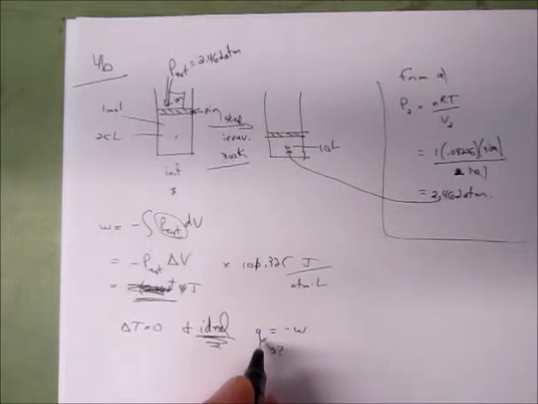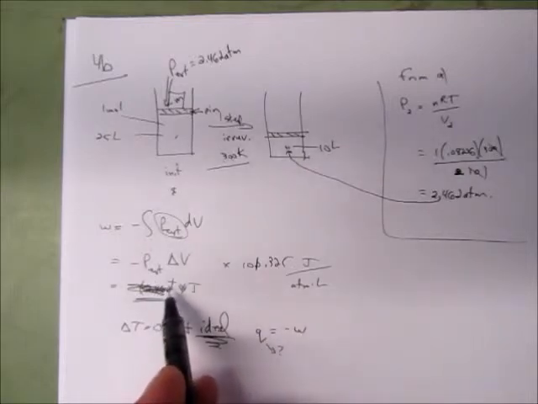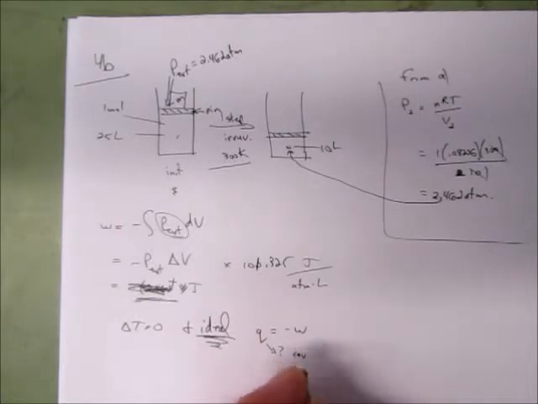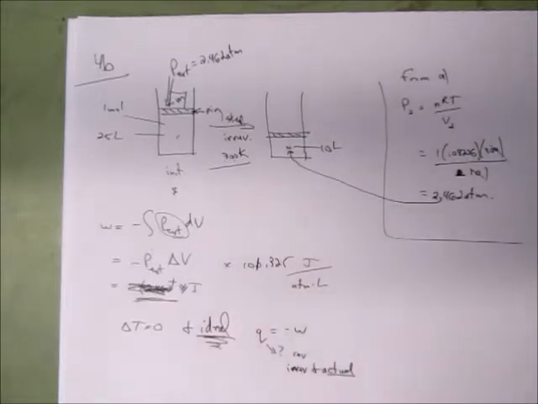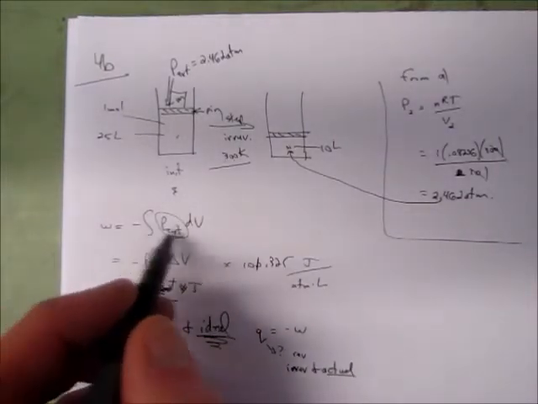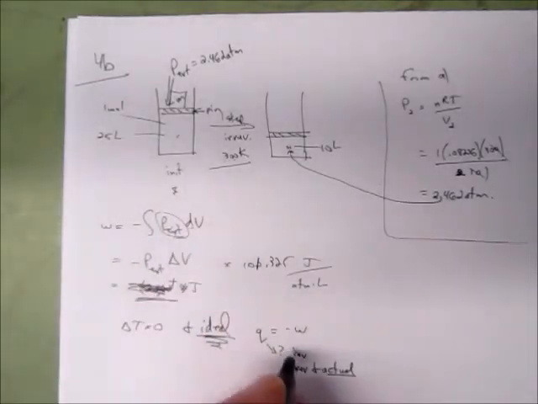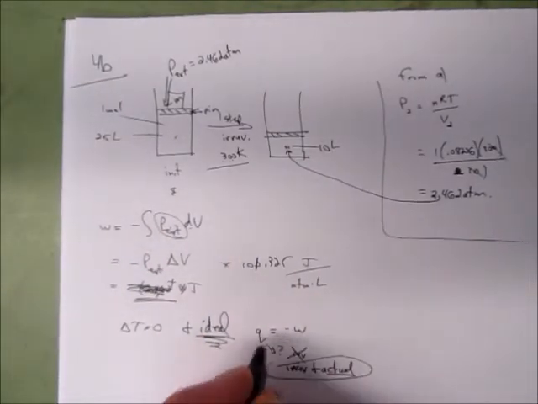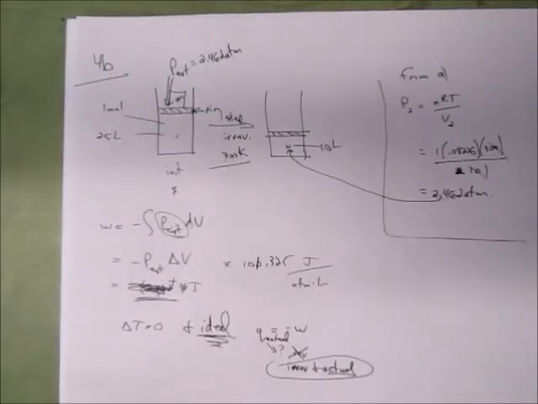Is this heat that's equal and opposite to this work calculated this way reversible, or is it simply the irreversible and the actual heat of the process? This was not reversible. Even the work calculation that was done here was done on an irreversible calculation, so it's not reversible. This is the actual heat of the process.